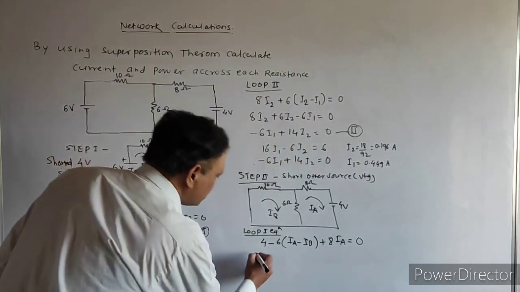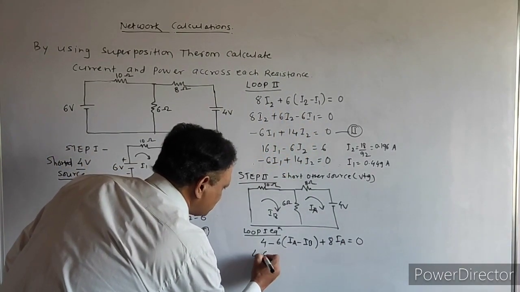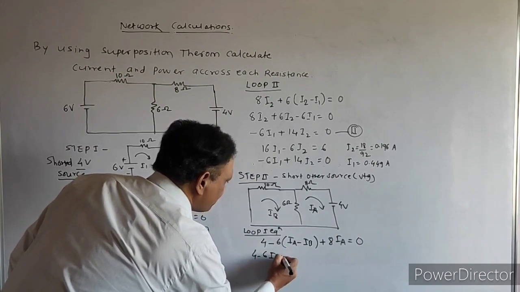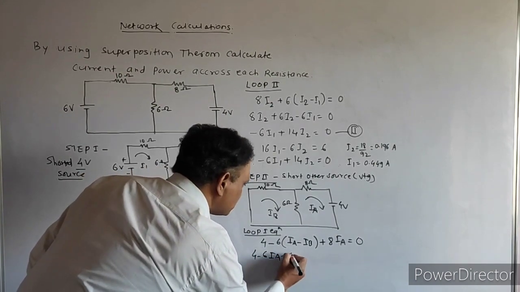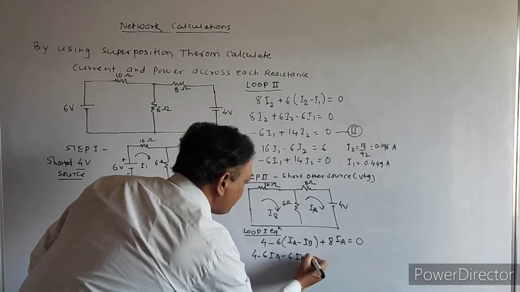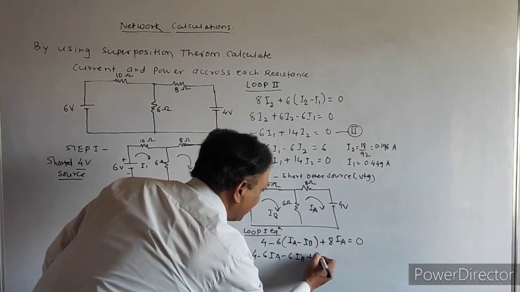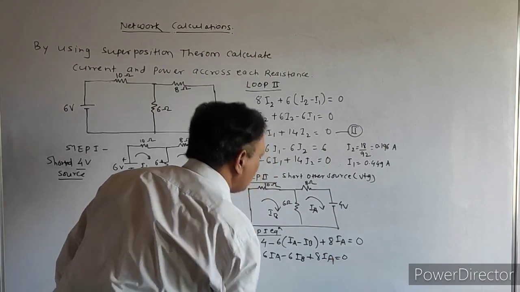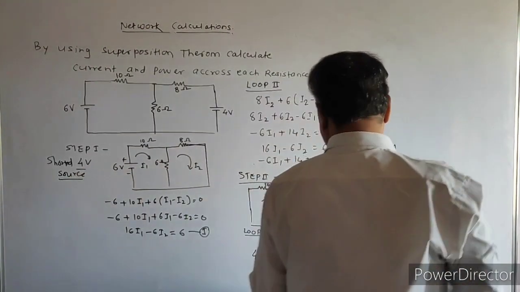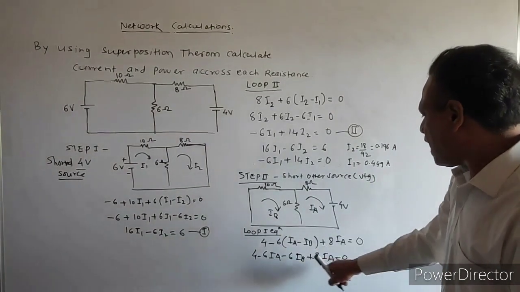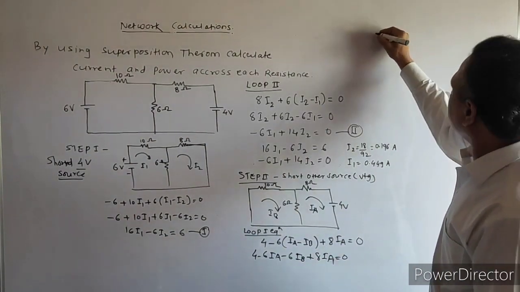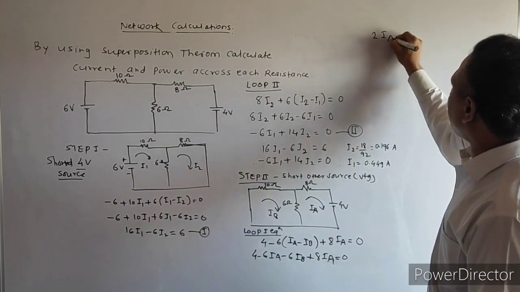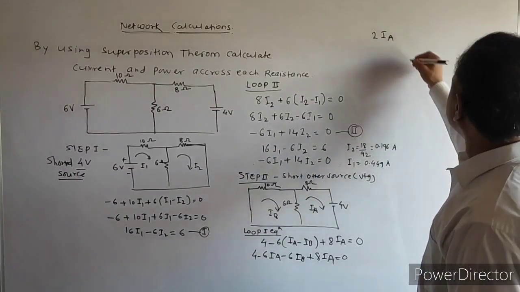What I get is 4 minus 6 IA minus 6 IB plus 8 IA is equal to 0. Or simply I can write minus 6 IA plus 8 IA, that is 2 times IA minus 6 IB.